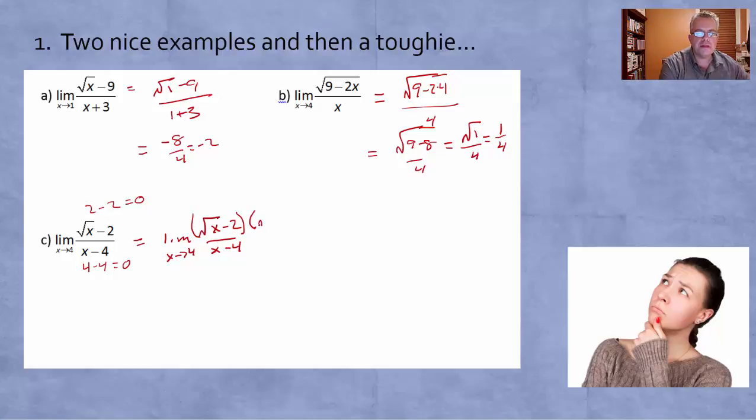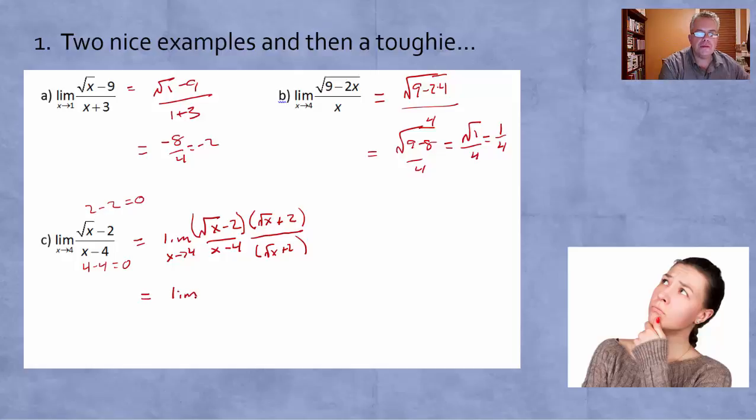The conjugate is the same expression, but with a plus. If this is minus, the conjugate has a plus, and if this is a plus, the conjugate has a minus. But we have to multiply the numerator and the denominator by the same thing. It looks like a big mess, but it's going to work out okay.